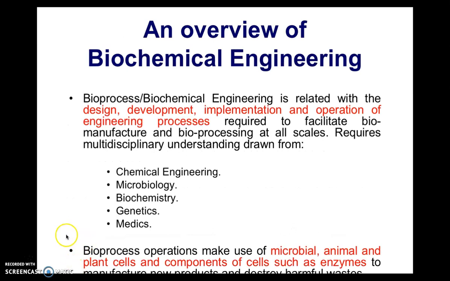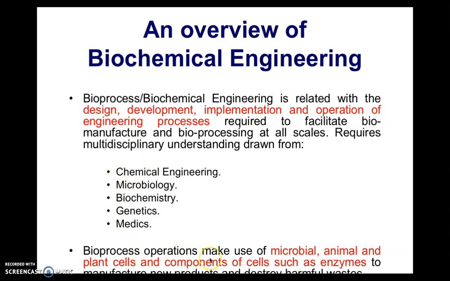So this is the overview. Biochemical engineering is related with design, development, implementation, and operation of engineering process. These are the related disciplines to understand biochemical engineering. So what is bioprocess?